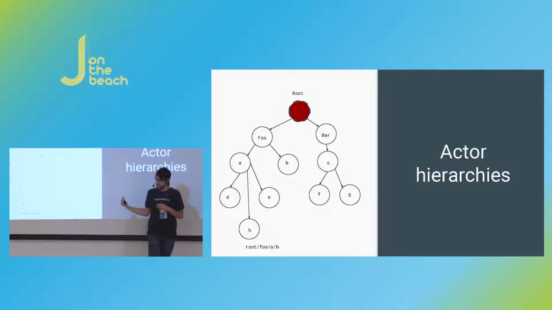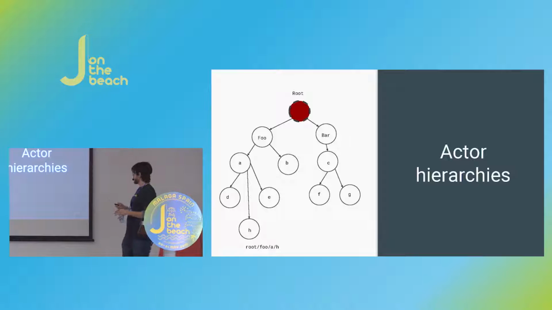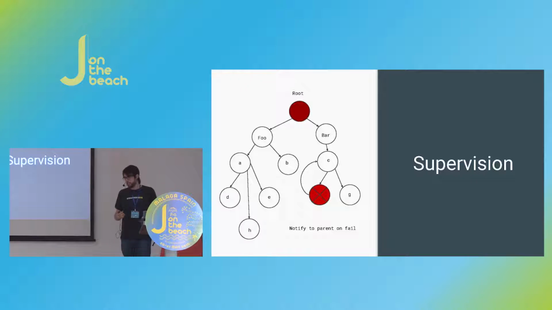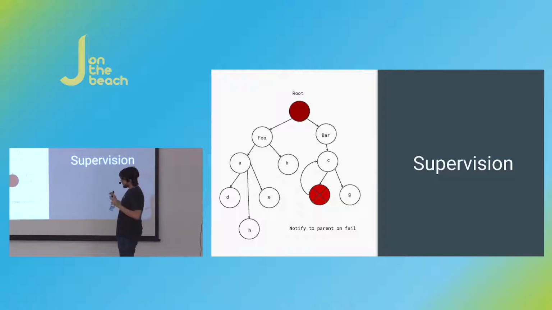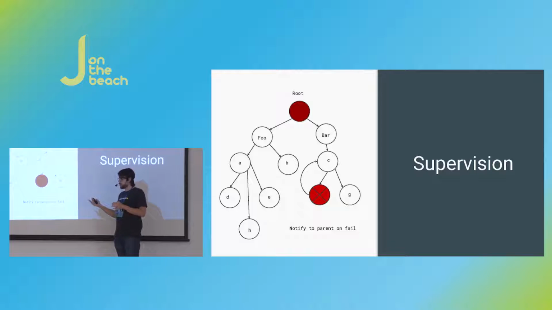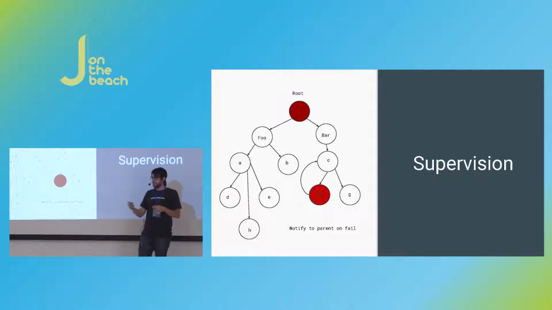So you have those hierarchies, and this leads to supervision, which is also inherited from Erlang. Every parent actor has the responsibility to watch over their children. Let's imagine that a failure happened, and it will happen.